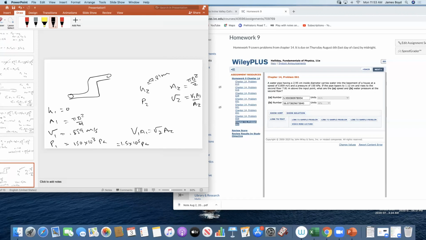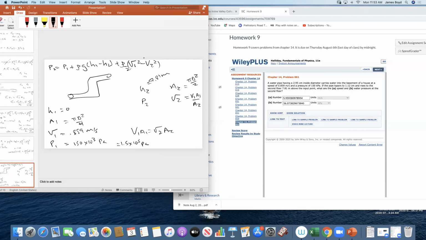As I said, V2 is just V1 times D1 squared over D2 squared. P2 is P1 plus rho g (H1 minus H2) plus rho over 2 (V1 squared minus V2 squared). And you can plug in the numbers once you have it.